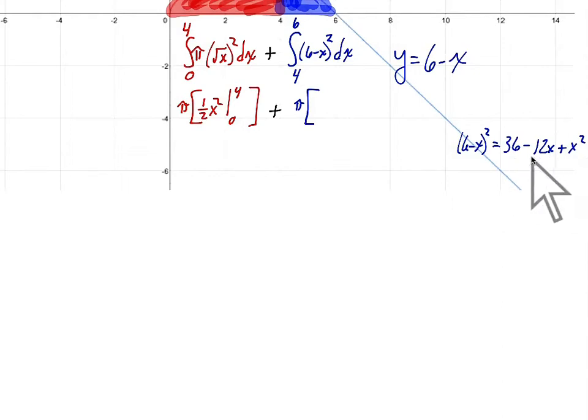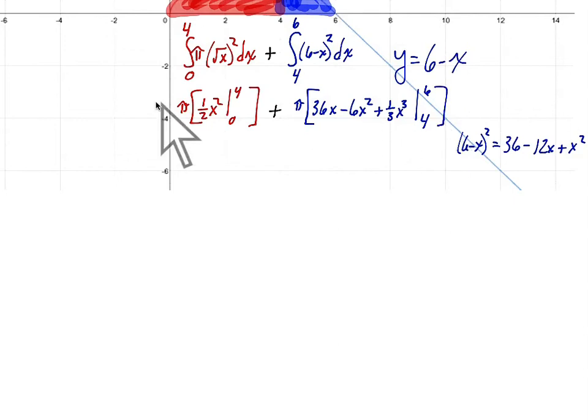So then we're going to want to take the antiderivative of this, and the antiderivative of that will be 36x minus 6x squared plus 1/3 x to the third, and we're evaluating this from 4 out to 6.